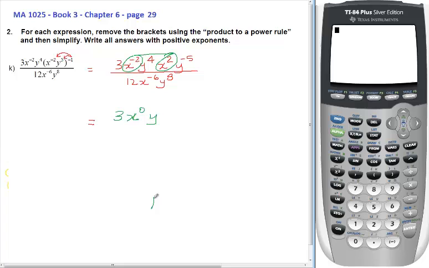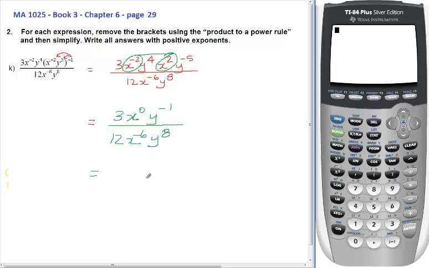It's going to be y to the 4 plus negative 5. When you multiply like bases, add your exponents, which is y to the negative 1. See it there? So that's going to become y to the negative 1. On bottom now I have 12x to the negative 6, y to the power of positive 8.